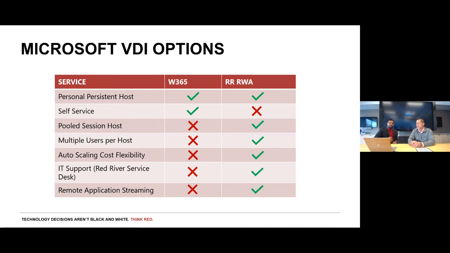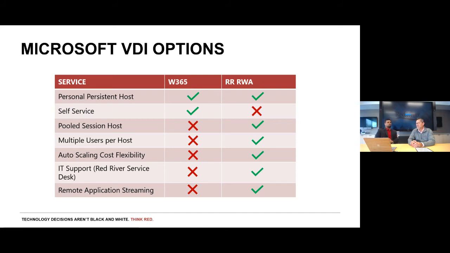I see. So pooled session host, multi-user, auto-scaling cost flexibility, our service desk, 24/7 NOC, and remote application streaming. These are all things that are unique to Azure Virtual Desktop. Remote application streaming is the ability to stream just the application to the end user instead of a full desktop.